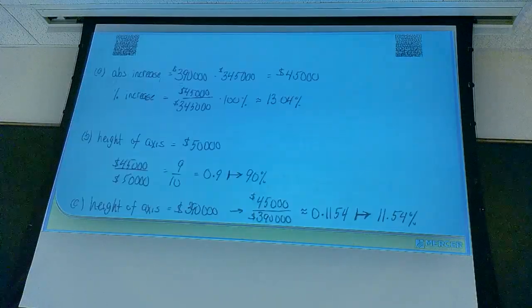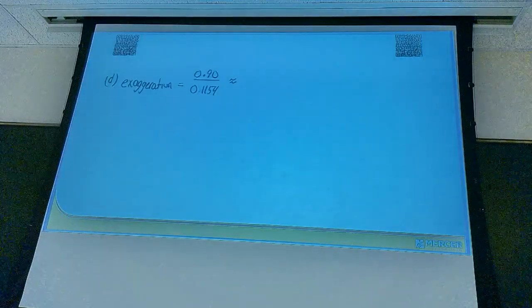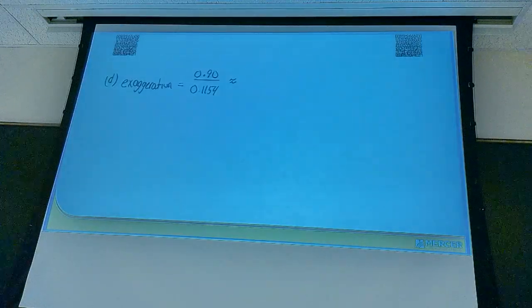All it's going to be is the fraction of increase from the truncated divided by the fraction of increase from the full. 0.90 divided by 0.1154. 7.79896.